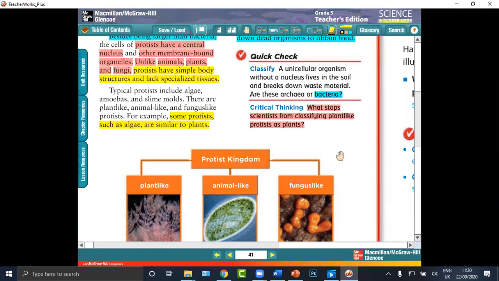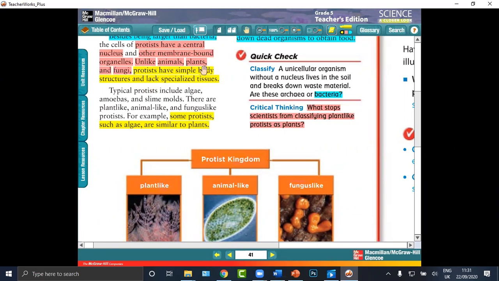The next, critical thinking. What stops scientists from classifying plant-like protists as plants? The answer here, in the yellow color.